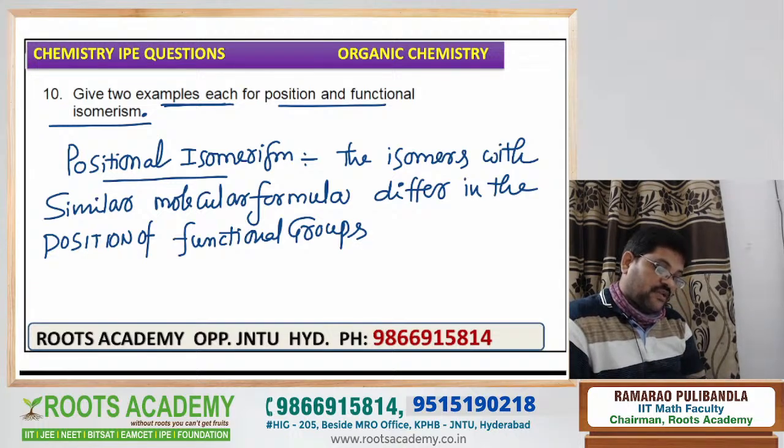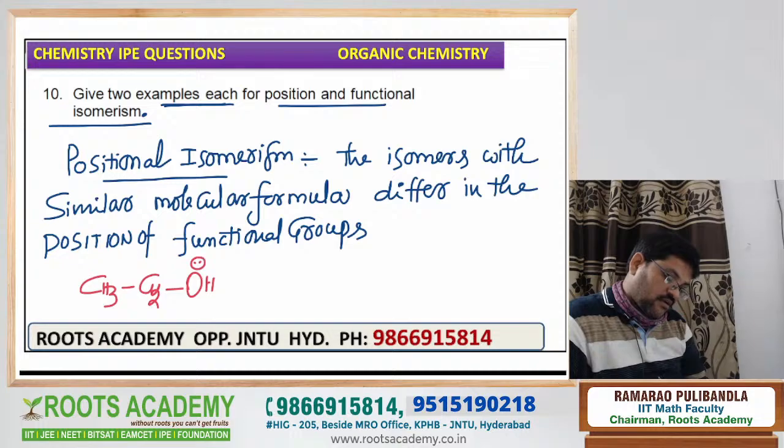We take one example for that. Take the simple example CH3CH2OH. This is called ethyl alcohol. CH3CH2CH2OH is called IUPAC name propan-1-ol.